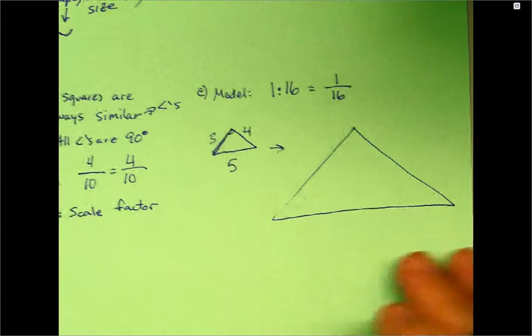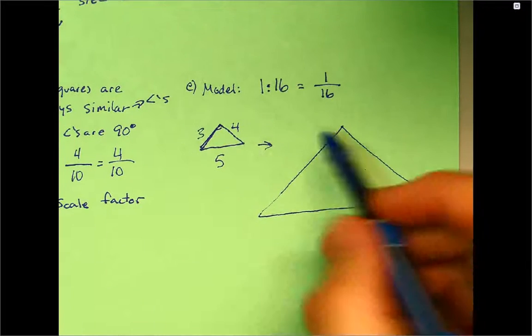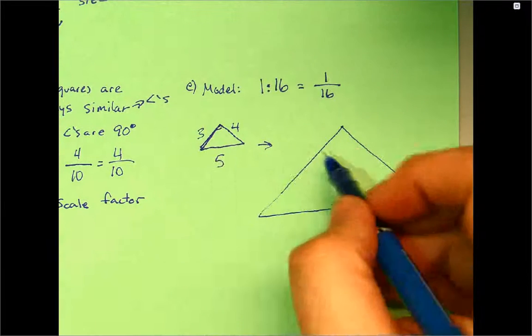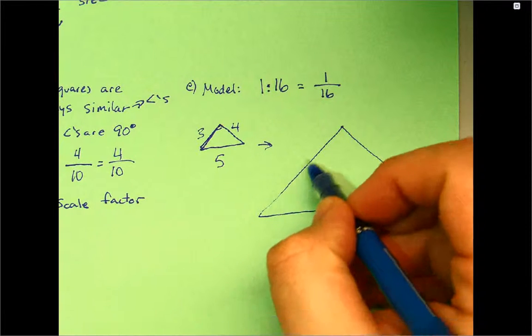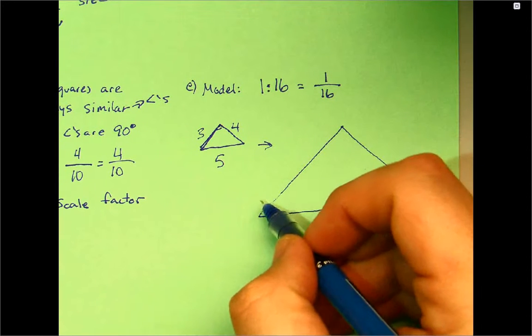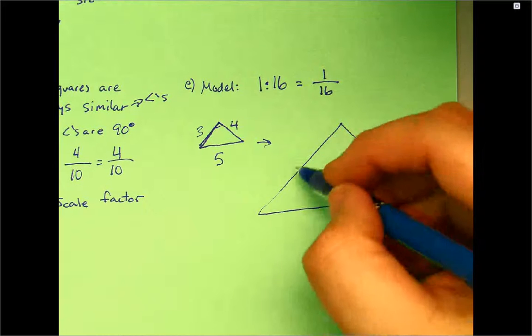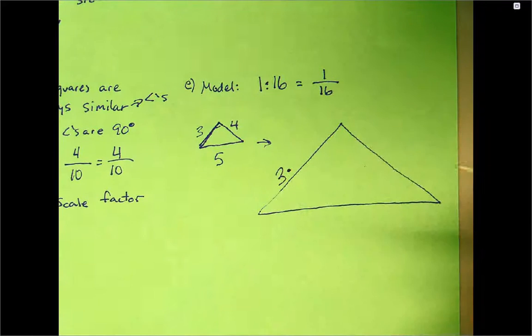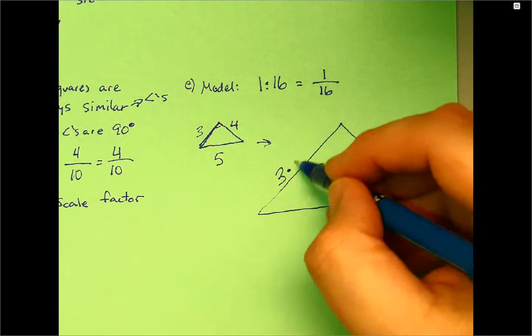What would I have to do to 3 to figure out what this side would be? Three times what? I think I hear it. 3 times 16. Well, what do I have to multiply the 4 by?